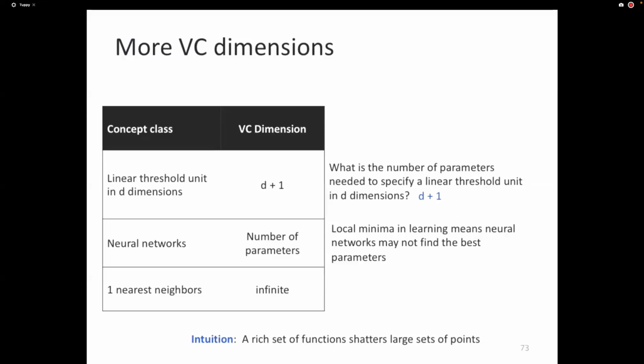Even though there exists a classifier that can perfectly match a data set, all these optimization issues, which we will discuss, I'm guessing in April, add extra complexity to this. After we cover neural networks, you can come back to this lecture and try to prove that the VC dimension of one nearest neighbors is infinite. Kind of a fun proof.